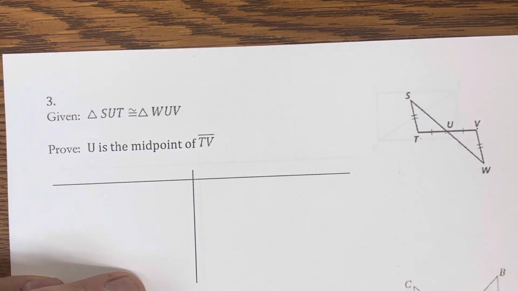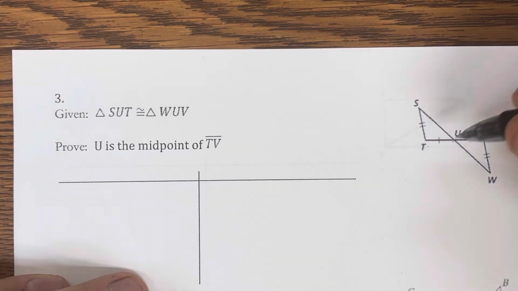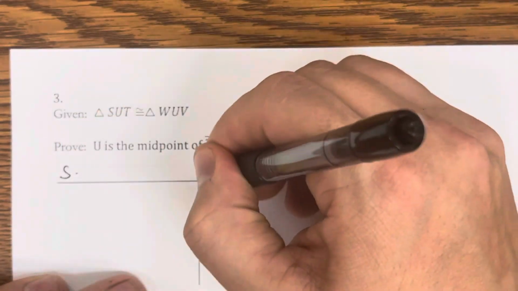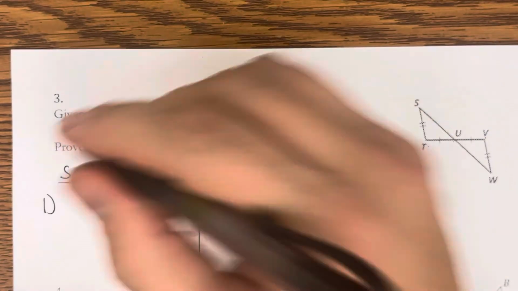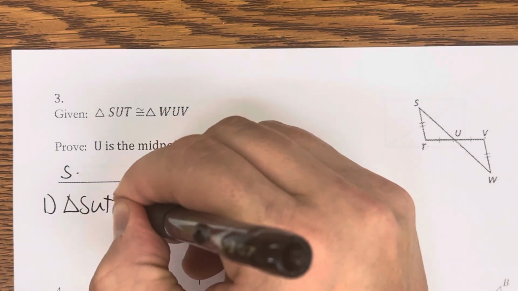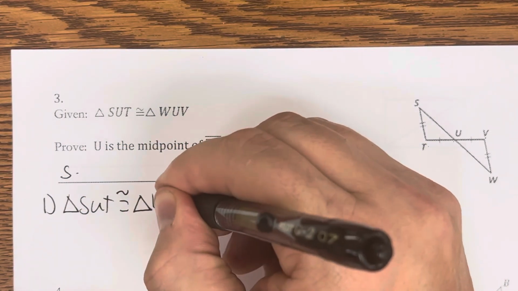Now, this one, it appears as if we made a slight error on the problem because that's just too easy based off the given, but we're going to roll with it anyway. I am told that the triangles are congruent. I need to prove that. So, step 1, statements, reasons. So, triangle SUT is congruent to triangle WUV.